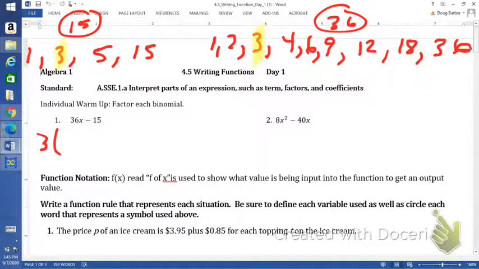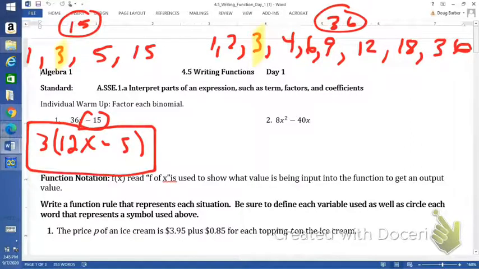And then the fourth step says, ask yourself, 3 times what gives us 36x? Well, 3 times 12x gives us 36x. Now, 3 times what gives you negative 15? Well, 3 times negative 5 gives us negative 15. So there's your answer in factored form.